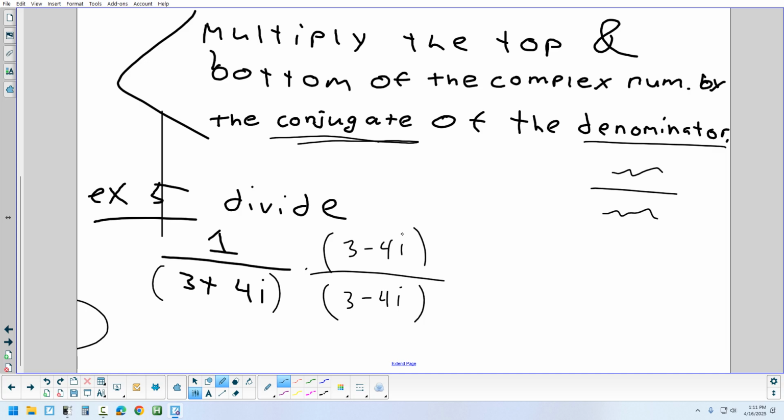Wait, so will it always be a 1? I thought we were dividing two complex numbers. That's a complex number, it just doesn't have an imaginary part. I thought to be a complex number it needed an imaginary. No, everything's a complex number. An imaginary is an imaginary number with an i. You do not need to have an i to be complex.